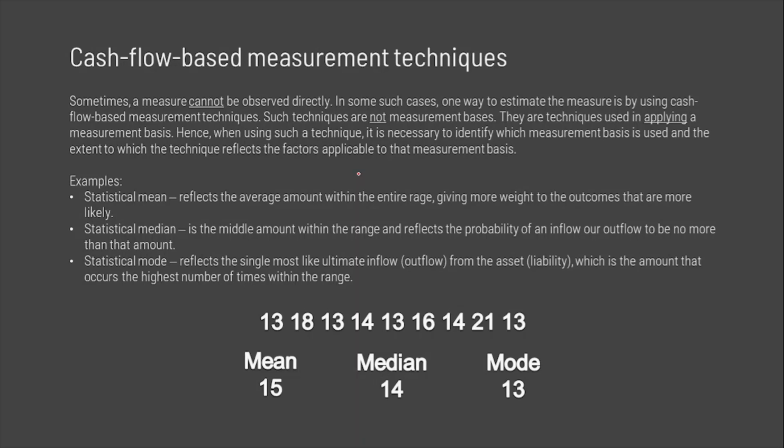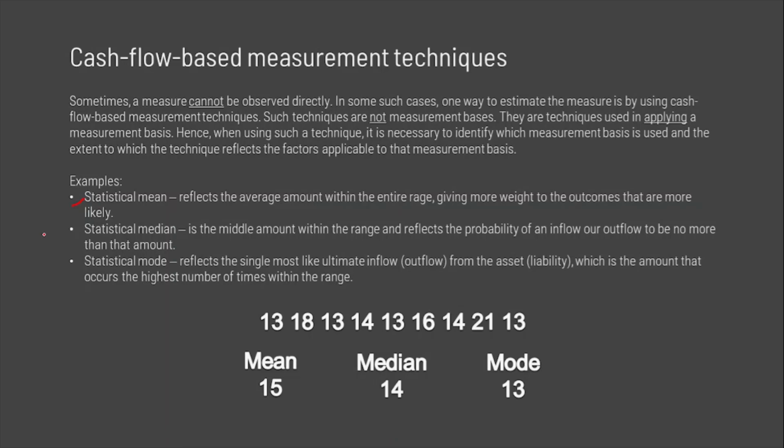However, different central estimates provide different information. For example, your statistical mean, or your expected value, or probability weighted average. It reflects the average amount within the entire range, giving more weight to the outcomes that are more likely.